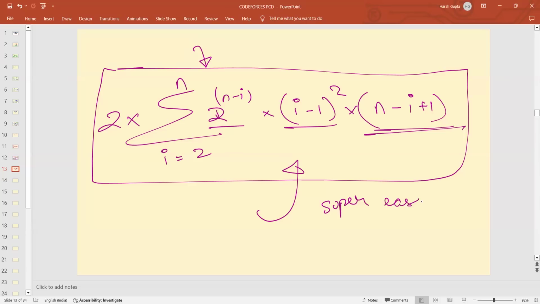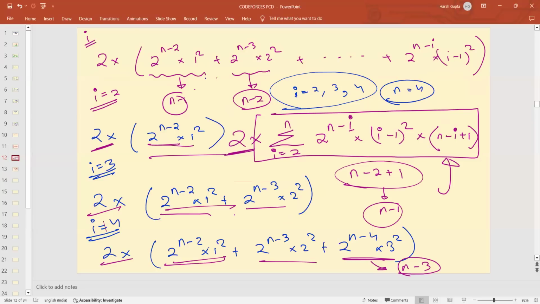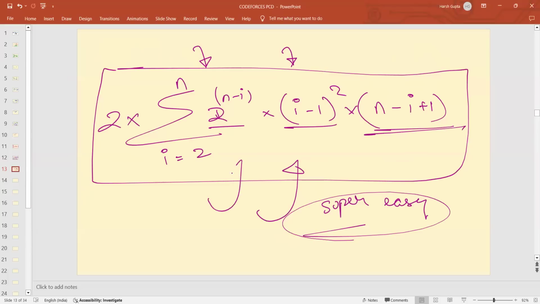There is nothing rocket science in the code, but to reach here, you need to be brave and write 2 to 3 lines at least, so that things become clear about what is actually happening. By just looking at the question, you will not be able to reach this particular expression, right? You need to reach here somehow, by writing it down with pen and copy and solving in 2 to 3 lines. Yeah, so this was the third question.